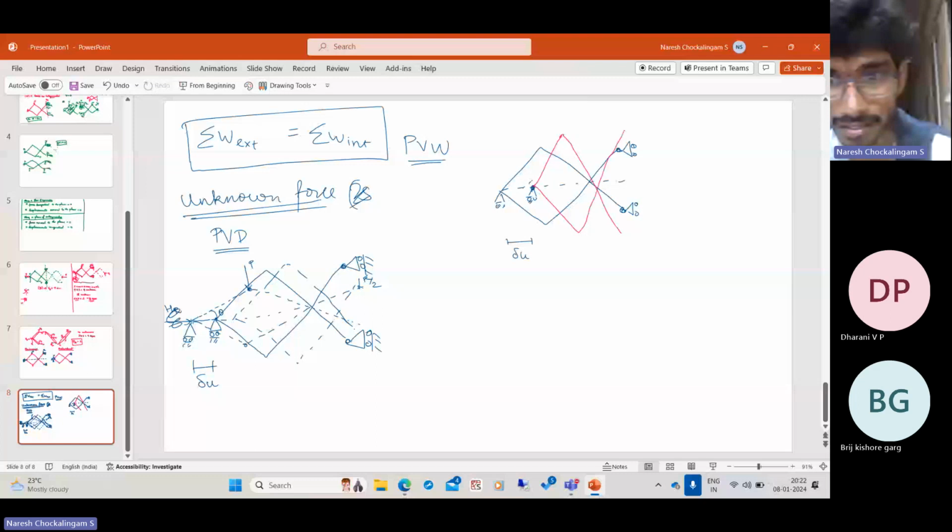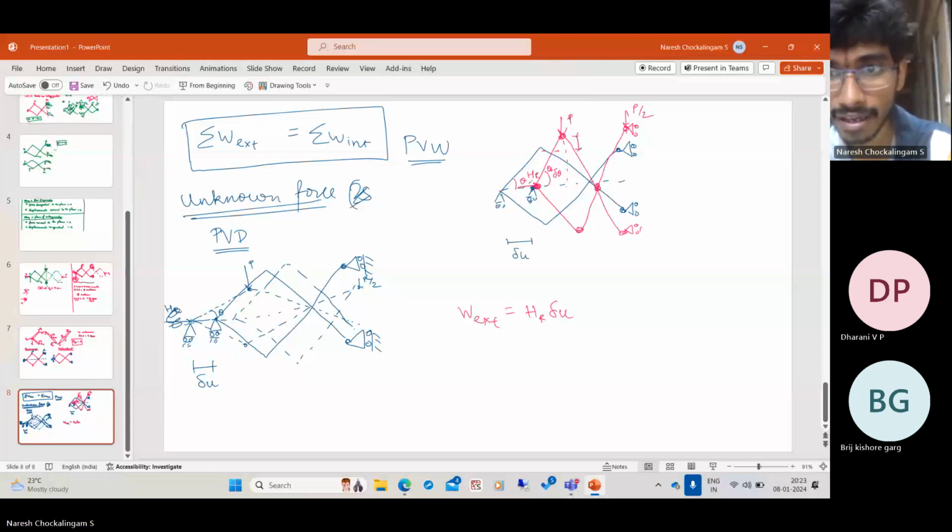So this is theta plus delta theta. So this point has risen by some amount. What is that amount? Well, the virtual displacements are infinitesimal. So if you rotate this by delta theta, this goes up by this distance.